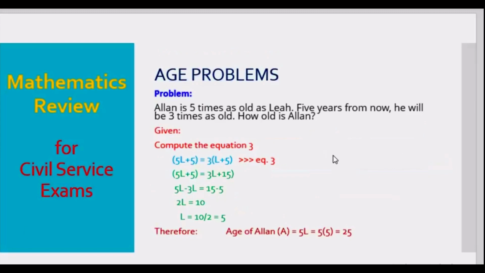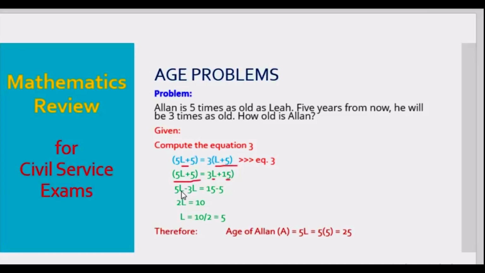So let's compute equation number 3. 5L plus 5 equals 3 times L plus 5. We will write again the age of Alan, and on the right side, we will multiply 3 times L, which is 3L, plus 3 times 5, which is 15.